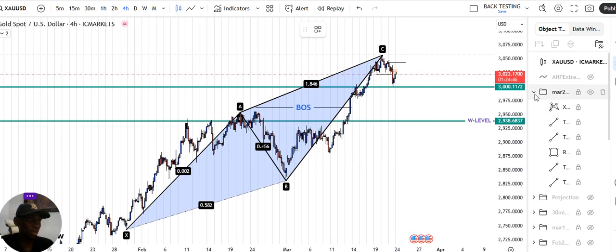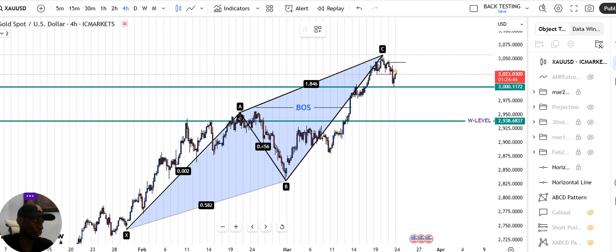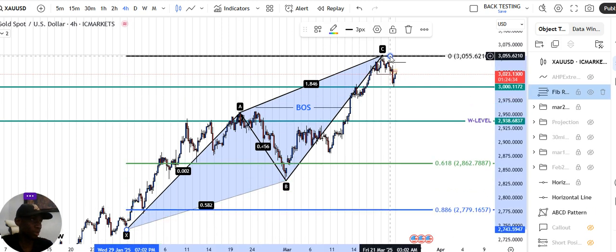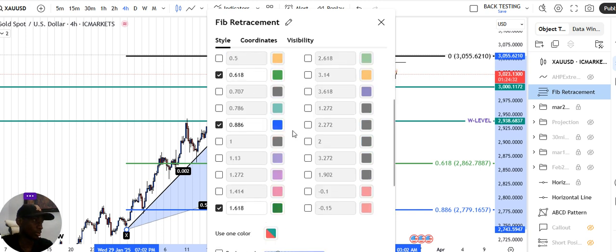So I'm going to send out this setup to you guys. Now we can discuss stop loss and take profit levels. Good. So we now have something like this.